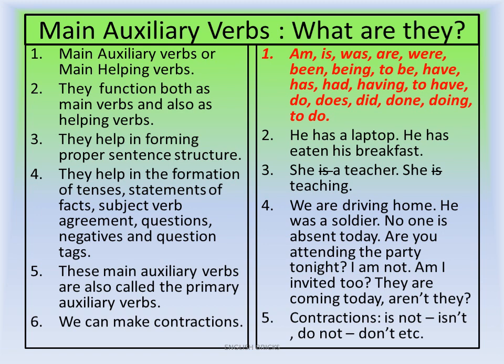Now, which is the verb there? Eaten, right? So, eaten is the main verb and the helping verb is has. So, you see there, these main auxiliary verbs function both as main verbs as well as helping verbs according to the situation in the sentence. Is that clear? Good.